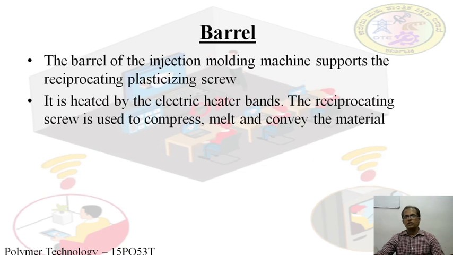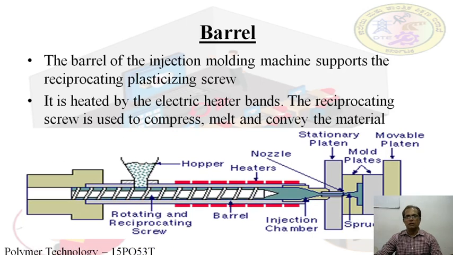The barrel of injection molding machine supports the reciprocating plasticizing screw. It is heated by the electrical heaters. The reciprocating screw is used to compress, melt, and convey the material.